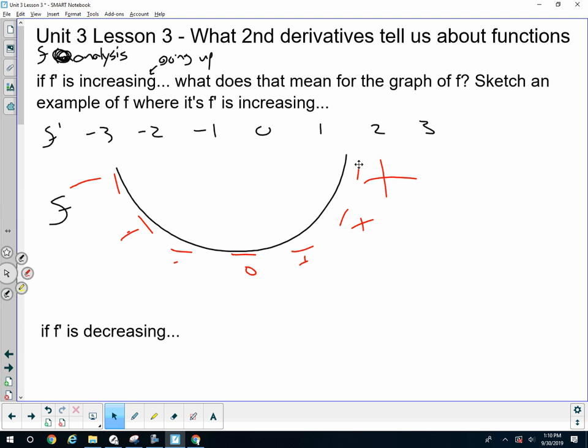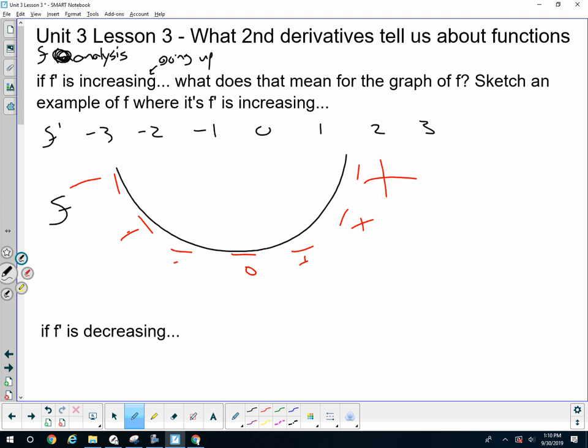Going back to Unit 3, Lesson 2, the second page. Something is increasing when its derivative is positive. Something is decreasing when its derivative is negative. Very, very, very important. If I know a tangent slope is positive, that means I know the function's going up. If I know a tangent slope is negative, that means the function's going down.